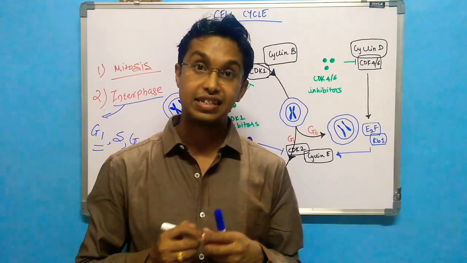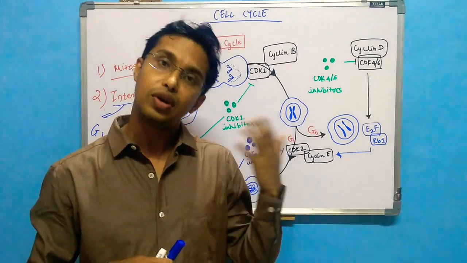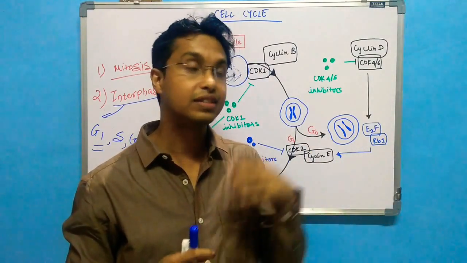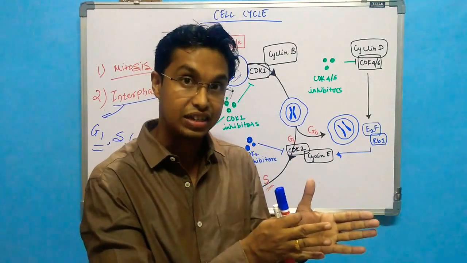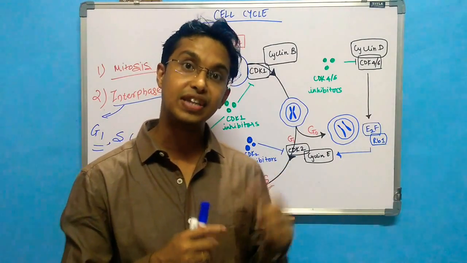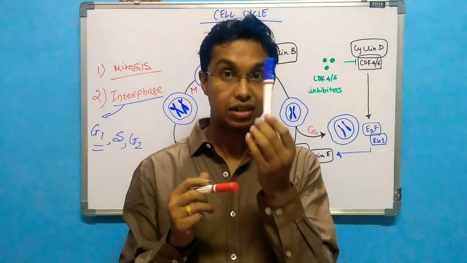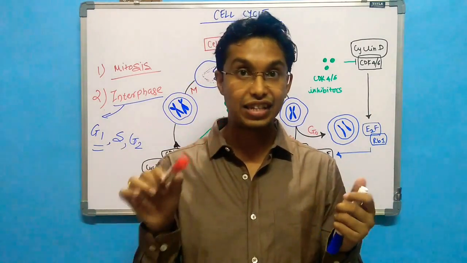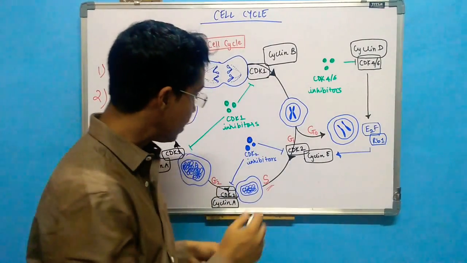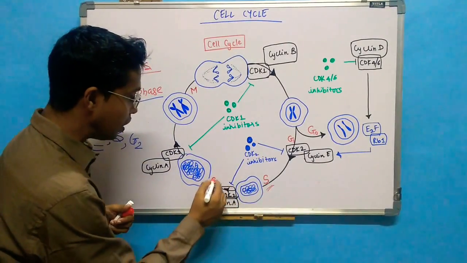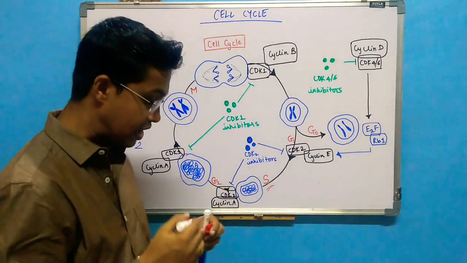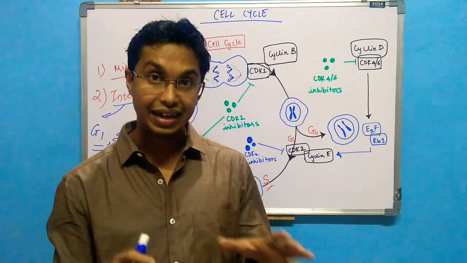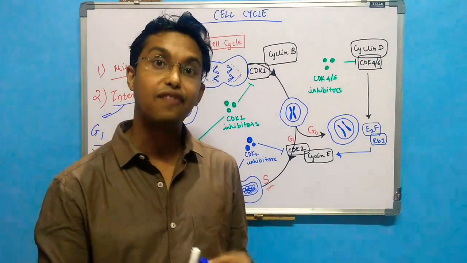S stands for synthesis, DNA synthesis, which is DNA replication. In that S phase, DNA will replicate: from one double stranded DNA, two DNA molecules will be produced. From S phase, the cell is directed to G2 phase, which is gap 2 phase. In gap 2 phase, the organelles don't divide, neither does DNA replicate, but it is preparing the cell for mitosis.